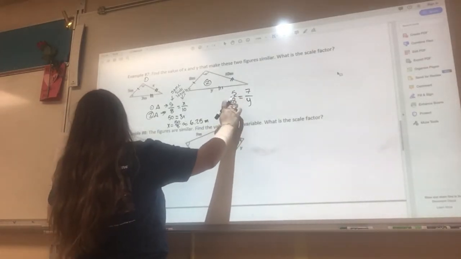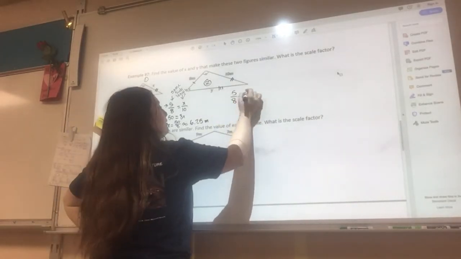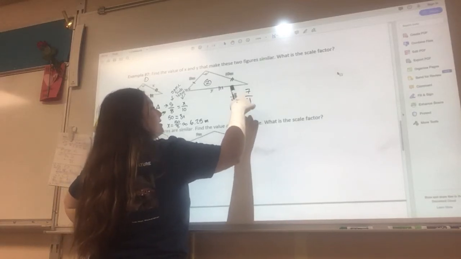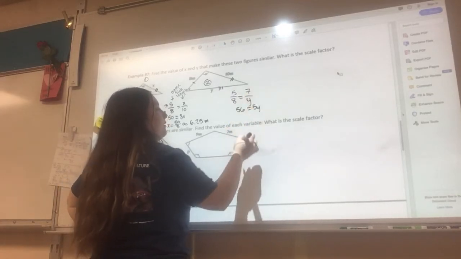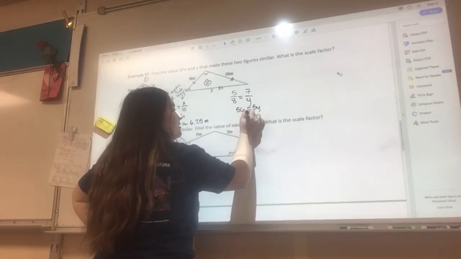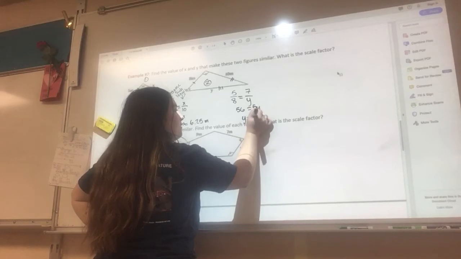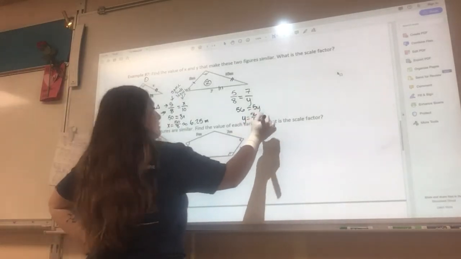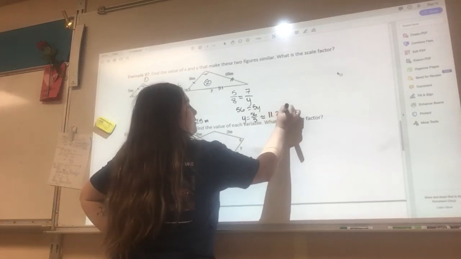So I'm going to take 8 times 7, which is 56, has to equal 5 times y, which is 5y. Solve for y, divide by 5, we get y is equal to 56/5, which is equivalent to 11.2 meters.